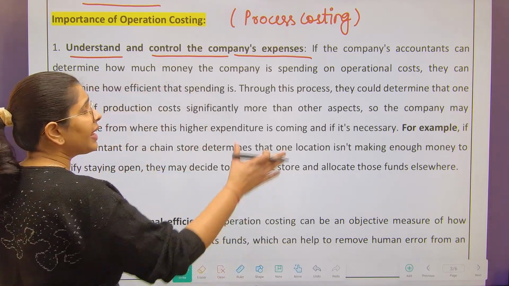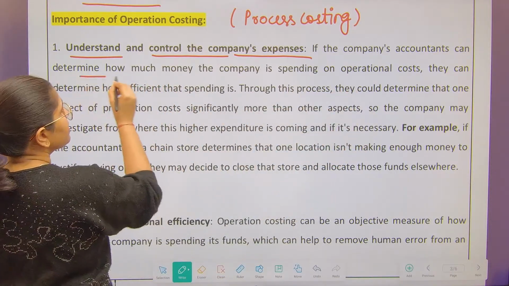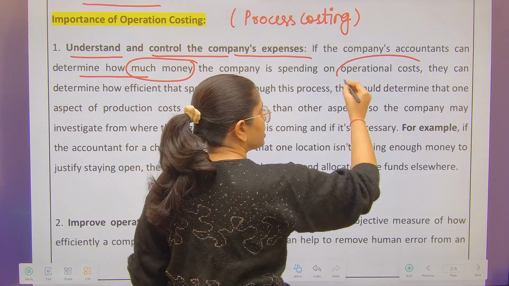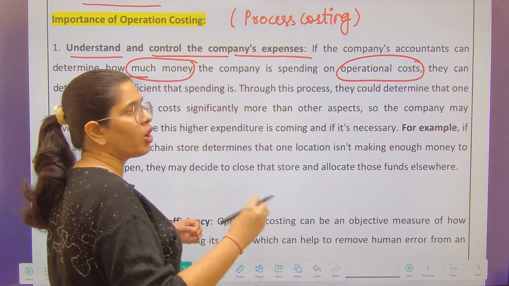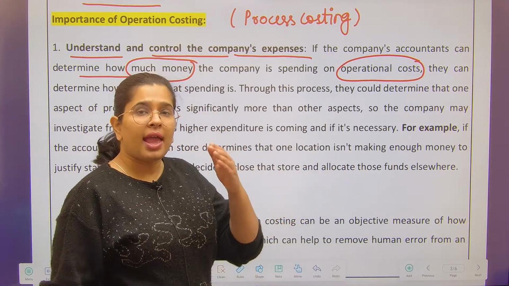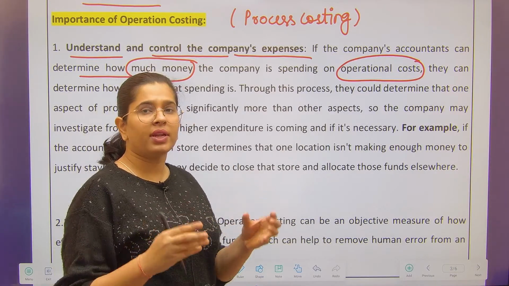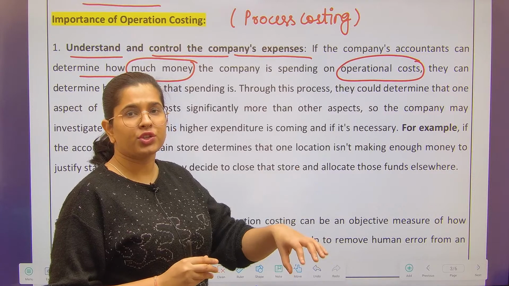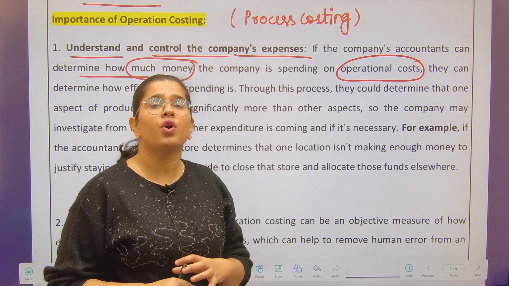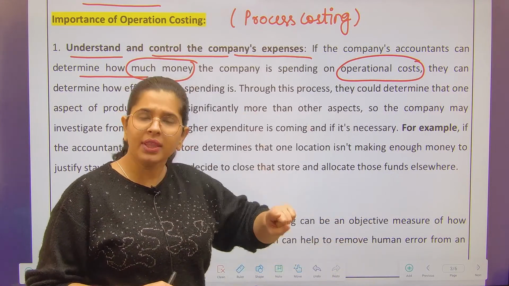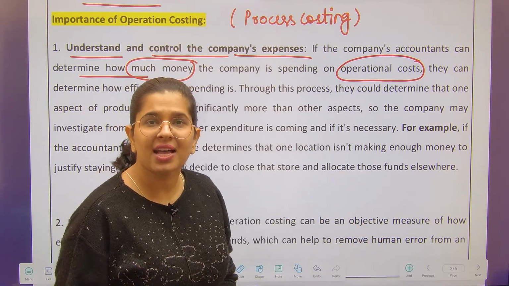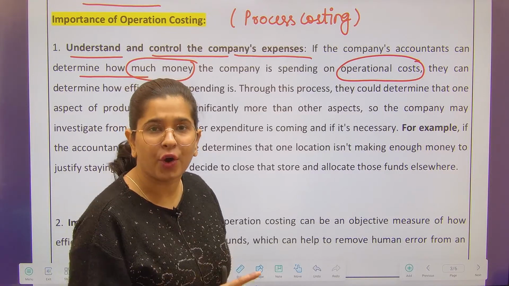If the company's accountant can determine how much money the company is spending on operational cost, if you are accumulating all the costs operation wise, operation number 1, 2, 3, 4, then you will be able to see what is the quantity of cost which you are incurring, what should have been incurred, and what is the difference. So that is how you can be more efficient in your processes.